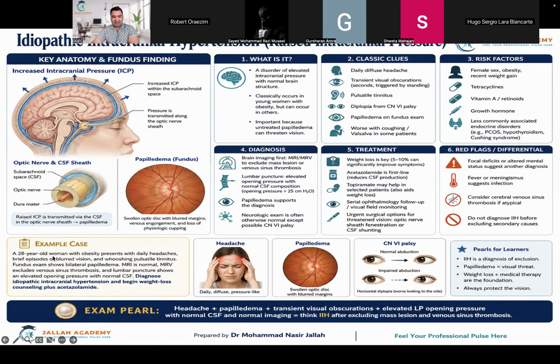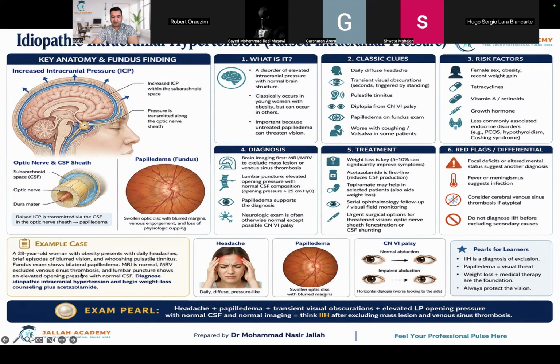Example case, a 28-year-old woman with obesity presents, female, middle age or young, obesity, daily headache, brief episode of blurry vision, and whooshing pulsatile tinnitus. Fundus exam shows bilateral papilledema. MRI is normal.